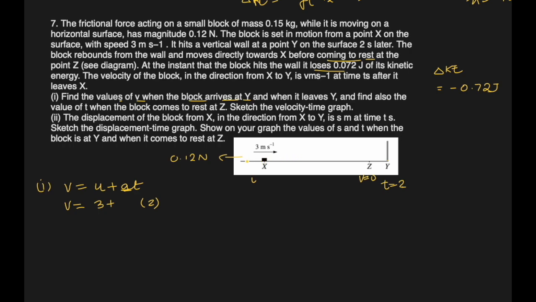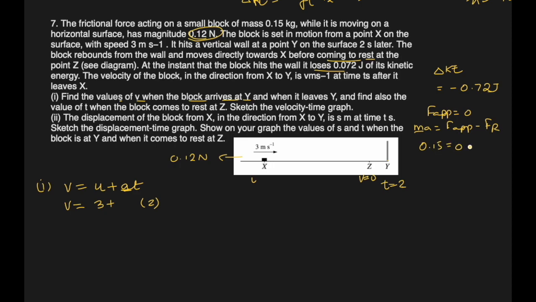It was pushed and now it is going on its own. So applied force is 0. But there is a resistive force of 0.12 Newton. So we know MA is equal to F applied minus resistive force. Mass of this is 0.15.